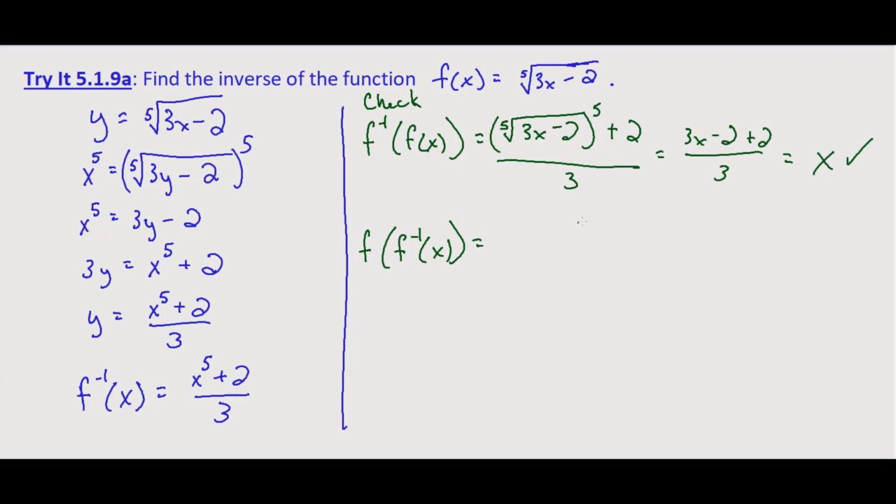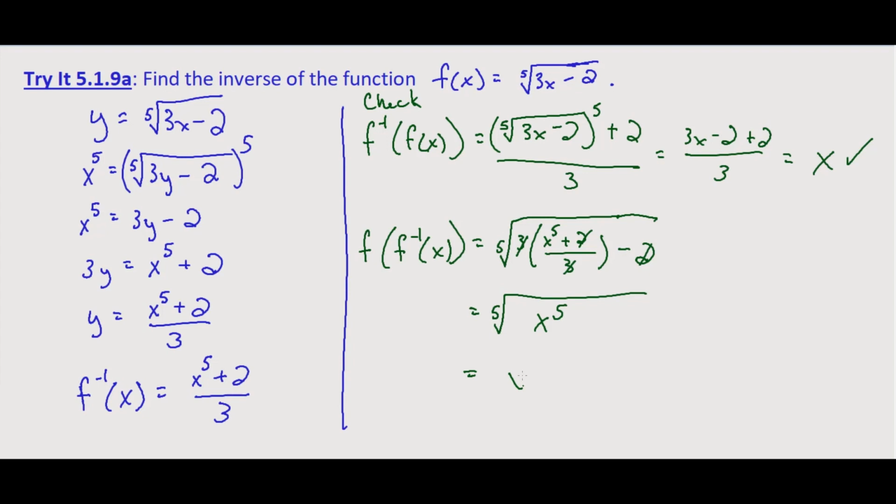Well, that equals the fifth root of 3 times x to the fifth plus 2 divided by 3 minus 2, which equals the fifth root of, the 3's cancel here, which leaves us with x to the fifth plus 2 minus 2. So the 2's cancel as well. We're left with the fifth root of x to the fifth, which does indeed equal x.